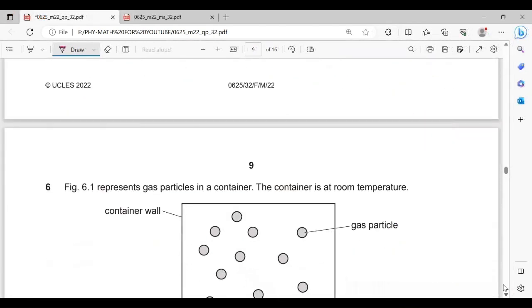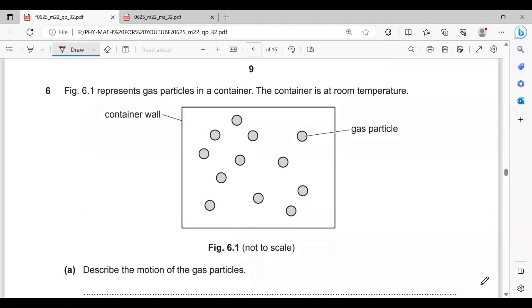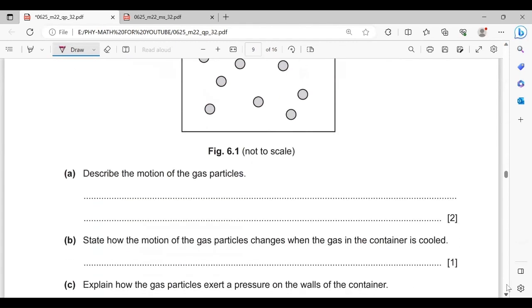Okay, next. Figure 6.1 represents gas particles in a container. The container is at room temperature. Describe the motions of the gas particles.